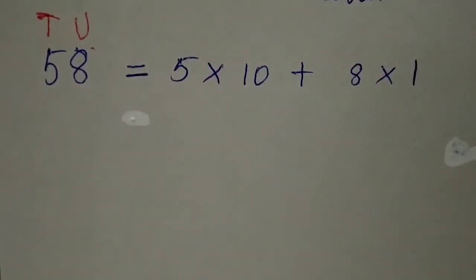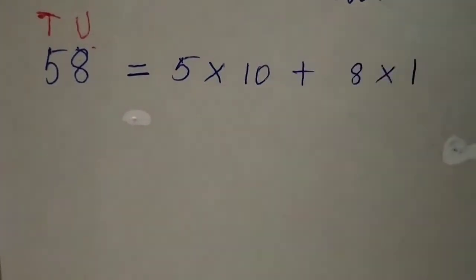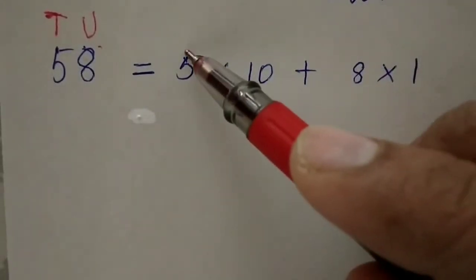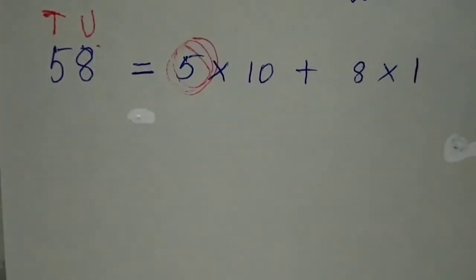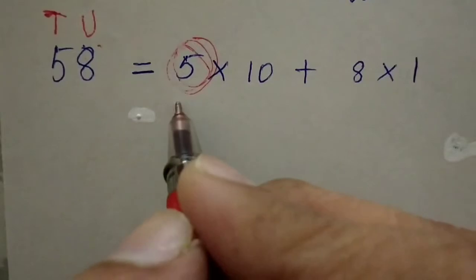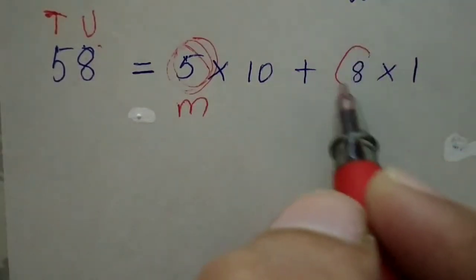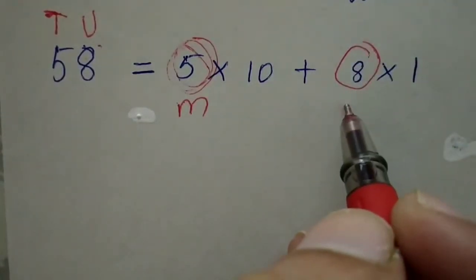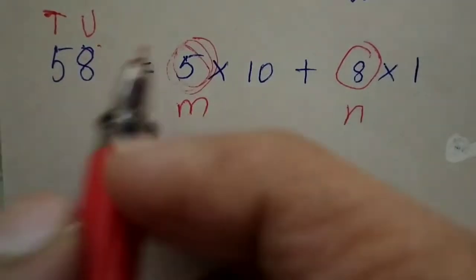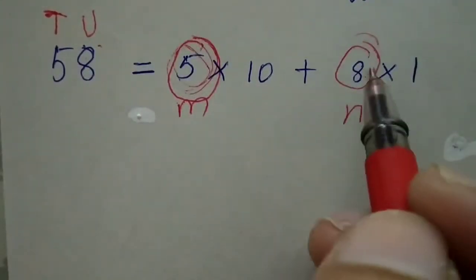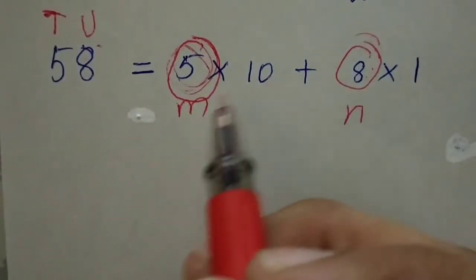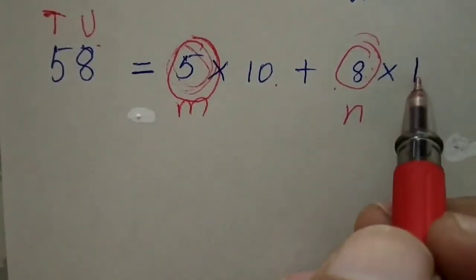So similarly, if we compare this with our question, instead of this 5, our question has m, and instead of this 8, our question has n. Our question says there is m in tens place and n in units place. So this is our polynomial, m into 10 plus n into 1.